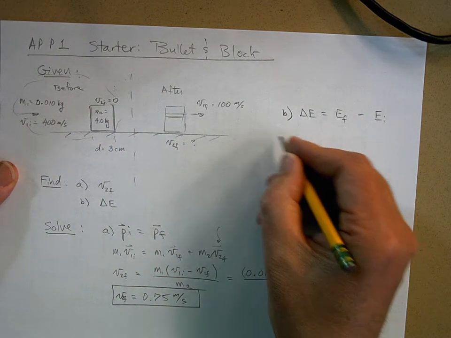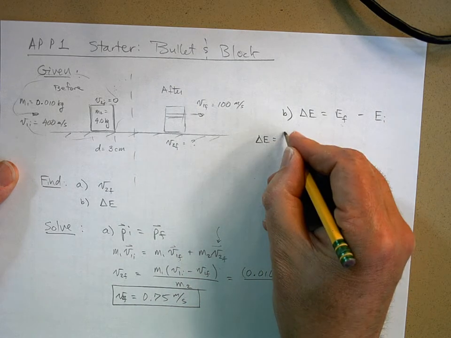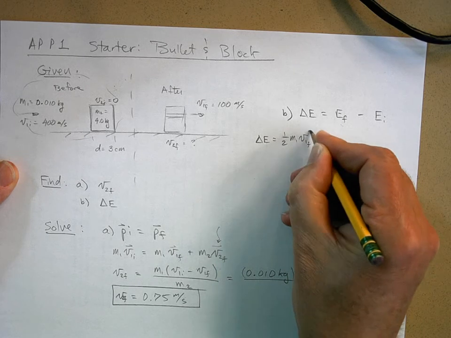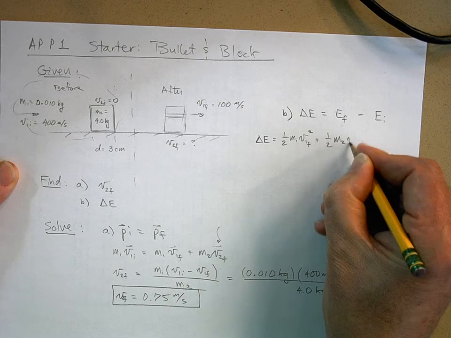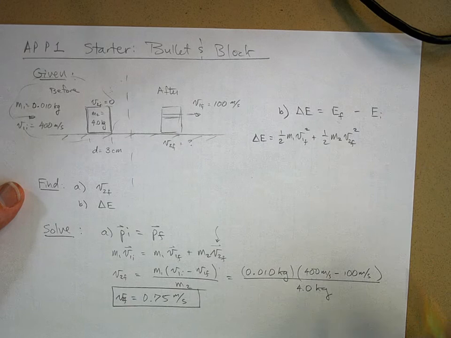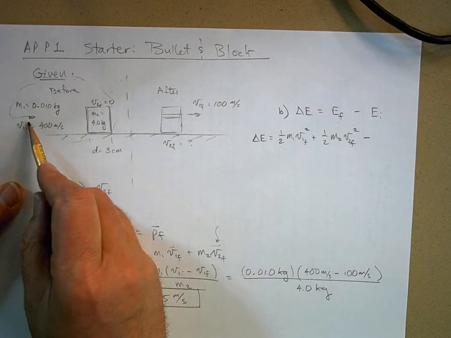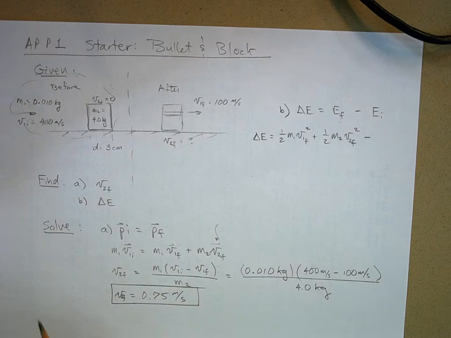So delta E is going to be equal to E final, which is 1/2 M1 V1 final squared, plus 1/2 M2 V2 final squared, but minus E initial. Now, initially, this doesn't have any energy, and this has all kinetic energy. And again, let's say this is moving so fast that gravity doesn't have time to lower its height. We're not going to worry about gravitational potential energy.